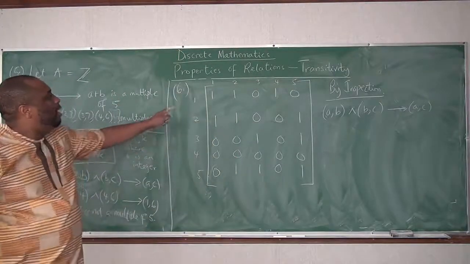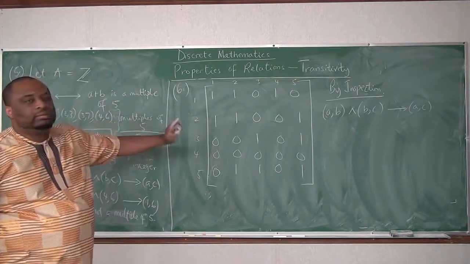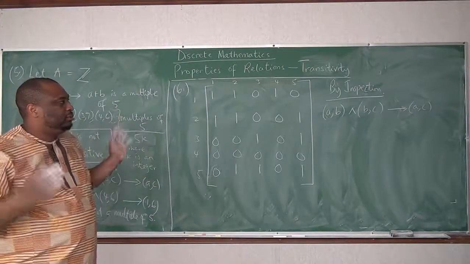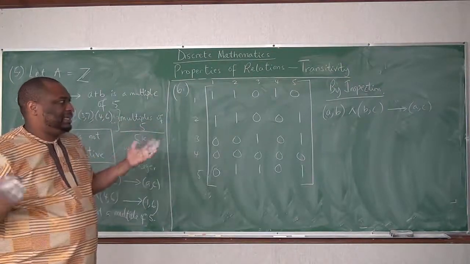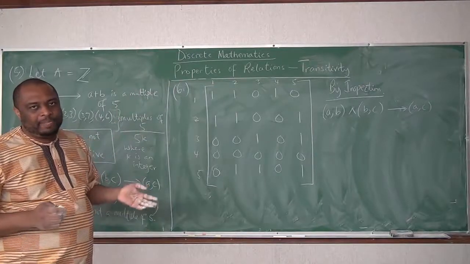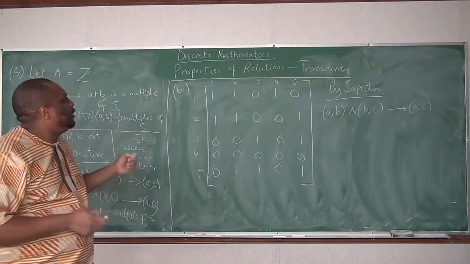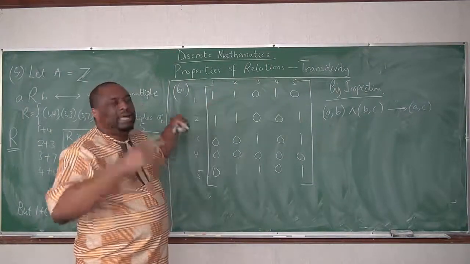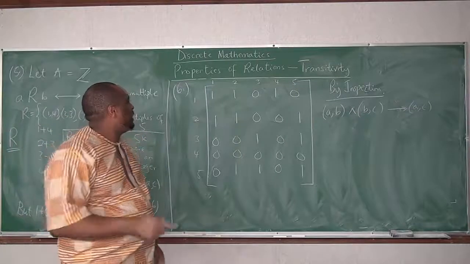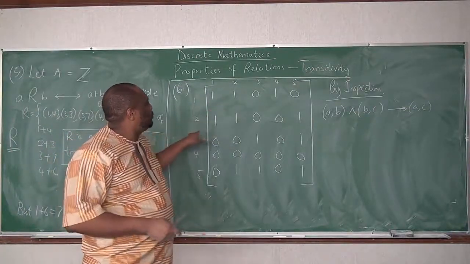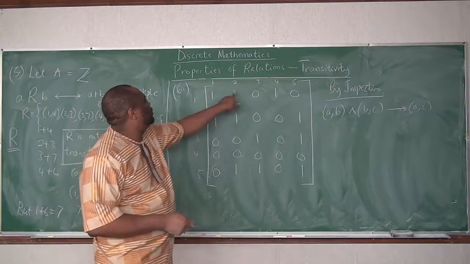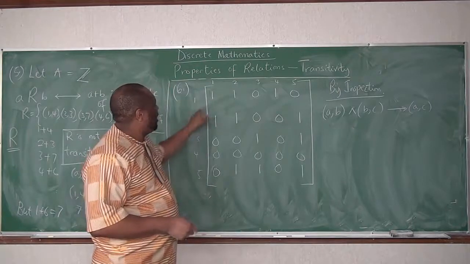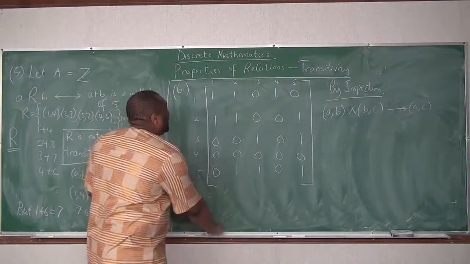So (1, 1) is there. (1, 2) is there. (1, 4) is there. You could write it as a set, or you could inspect it directly here. So you have (1, 2) and you have (2, 2). So (1, 2) and (2, 2) will give you (1, 2). That's fine. Now you have (1, 2) and (2, 5). Does it give you (1, 5)? No.